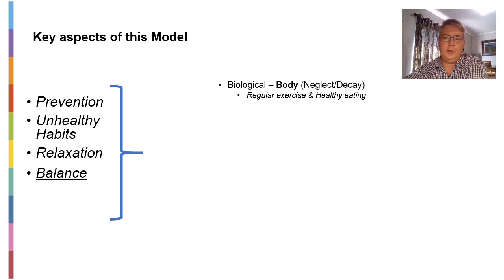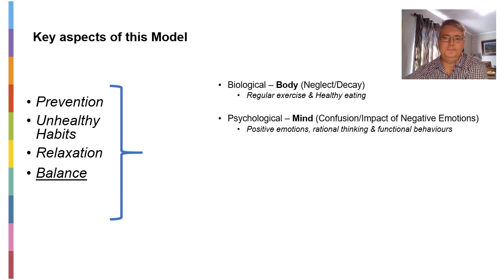So your body and your cells will age, but it will be slower, and you'll be more healthy if you have regular exercise and a healthy, balanced diet. And so that's at a biological level, where we can already make a prevention and have healthy habits.